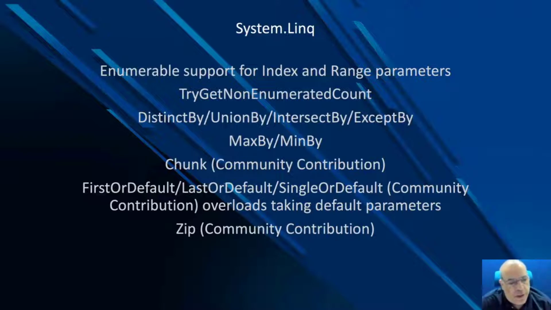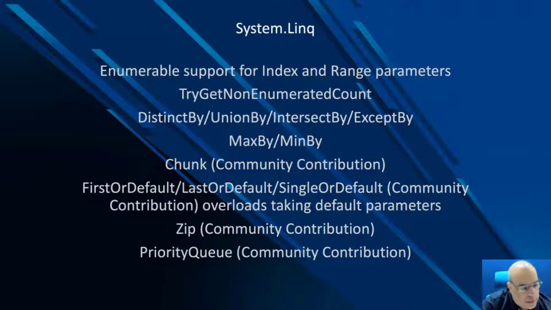There's also zip, which is another community contribution item that allows you to compress enumerations. There's priority queues, which is another community contribution. This one is basically a new collection type that allows you to set the ordering in which you want items in this queue. Your typical queues are first in, first out, or last in, last out.